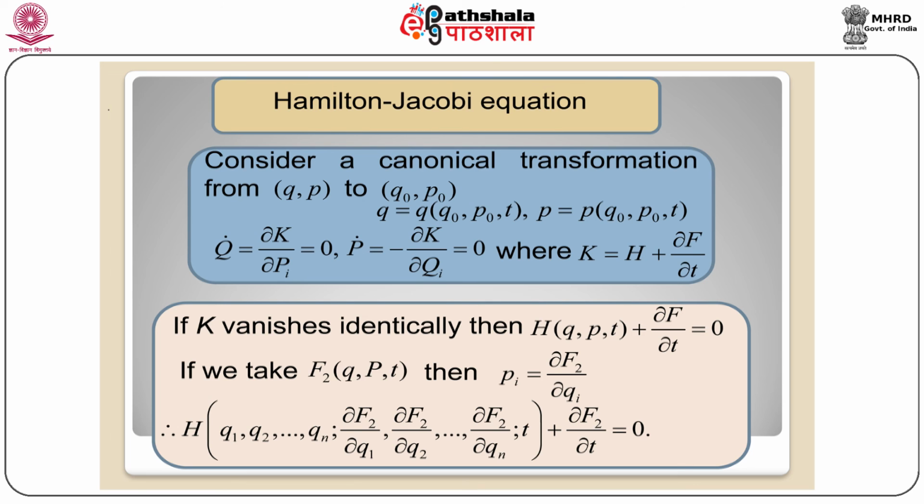Hence, capital H, which was a function of small q1, small q2 up to small qn and small p1, small p2 up to small pn and t, then putting these values for pi, we get that Hamiltonian is a function of these plus del t of capital F2 equal to 0. This equation is known as Hamilton-Jacobi equation for the generating function capital F2.